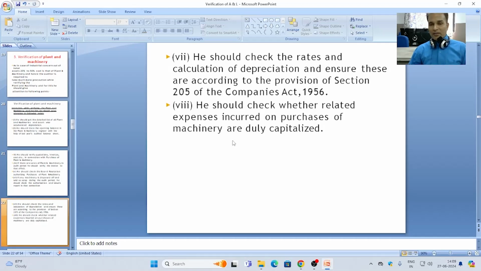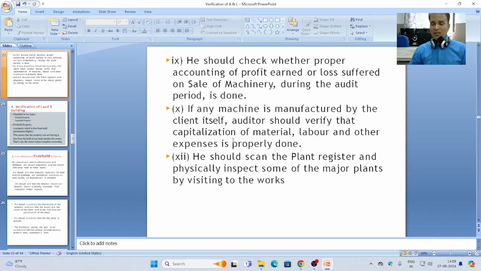So by taking these points, he can go with the proper verification of plant and machinery.